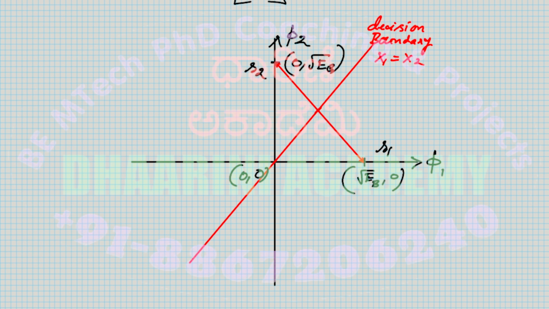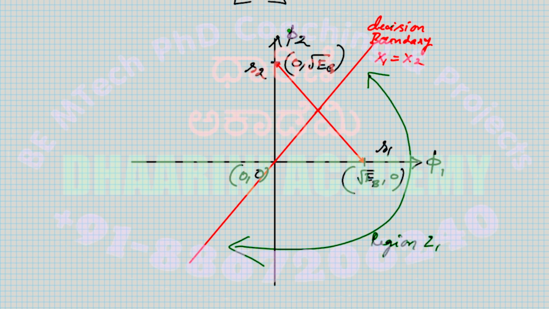Now, how do you decide which region is what? Anything which falls below this will be, right? I'll change the color, say this whole region. So if that is the decision boundary, anything that falls on this complete side, we'll denote as region Z1.